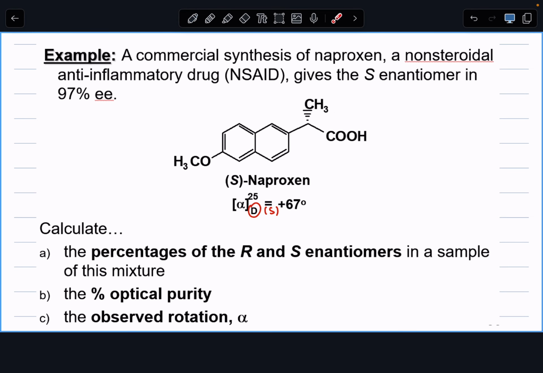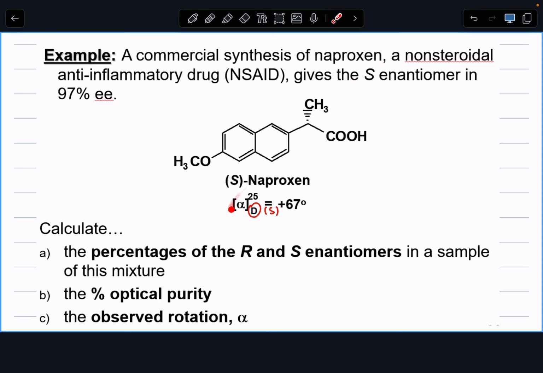So let's assume we have a commercial synthesis, like a drug company. The synthesis is naproxen, a non-steroidal anti-inflammatory drug, so an NSAID. And we're giving you that in this mixture, the S enantiomer is in 97% EE.